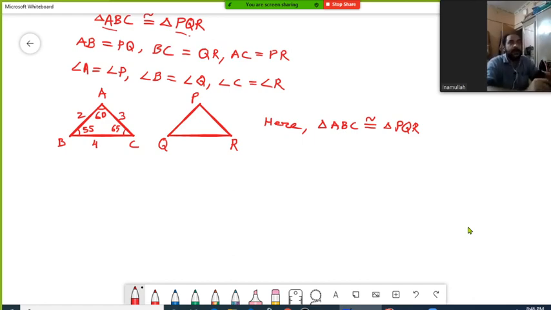But you have measurements of triangle ABC. We don't have any information about triangle PQR, neither sides nor angles. If you want to find out all three sides and all three angles of triangle PQR, how can we calculate that? So I need responses from your side. You can write your response in my personal chat box.